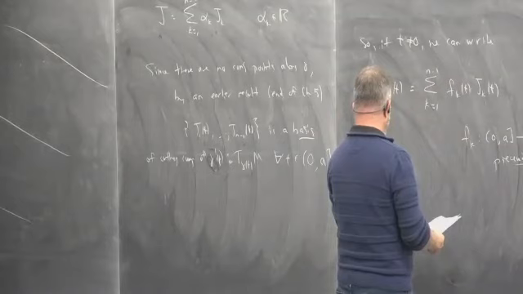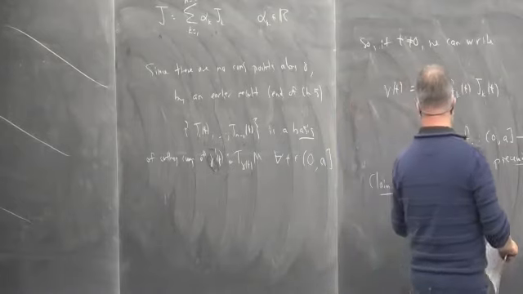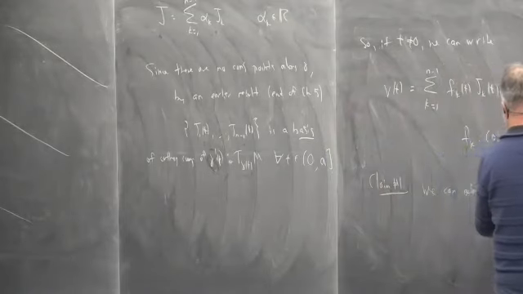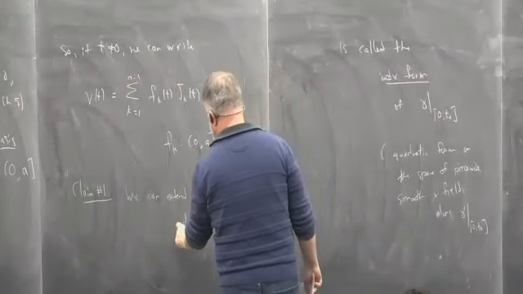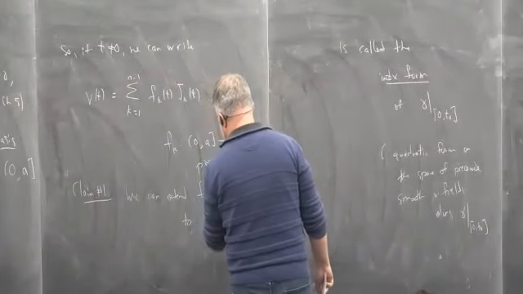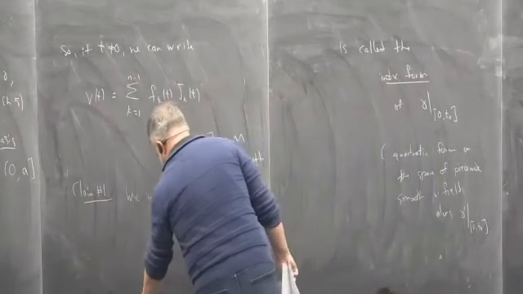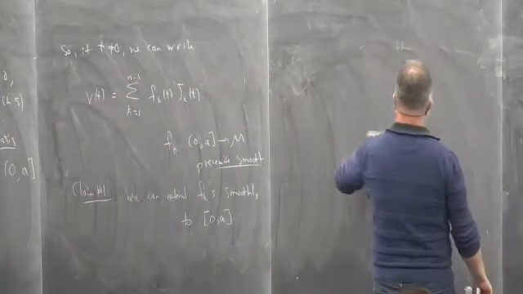Okay, so the first claim: we can extend the FKs smoothly to all of 0 to A. They extend smoothly to T equals 0. And let's see why that's true.